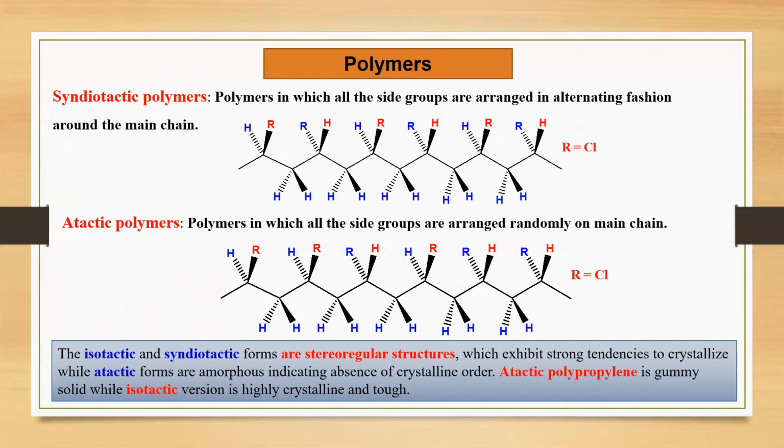A very important polymer is Kevlar. Kevlar is popularly used to make bulletproof jackets. It has high strength. These are examples of syndiotactic polymers. Another example is polypropylene. If it is in atactic form, it is a gummy solid, while the isotactic version is highly crystalline and tough.